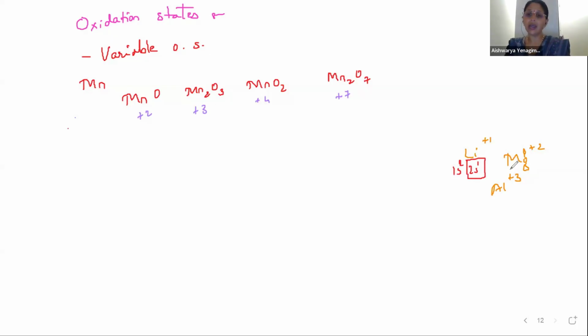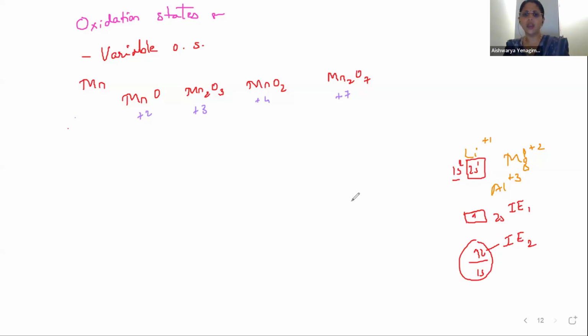Apart from that, the energy difference between 1s and 2s is very large, so only this electron can be lost. If you want to remove an electron from the inner shell, you need a very high amount of energy, which we call ionization energy. The first ionization energy is low, so the electron can be lost very easily. The second ionization energy is very high, so that becomes difficult here.